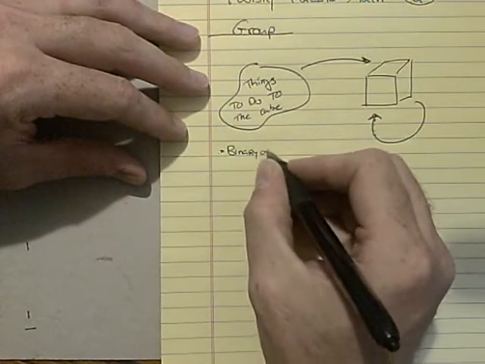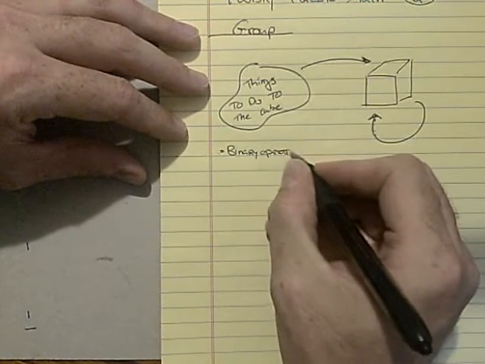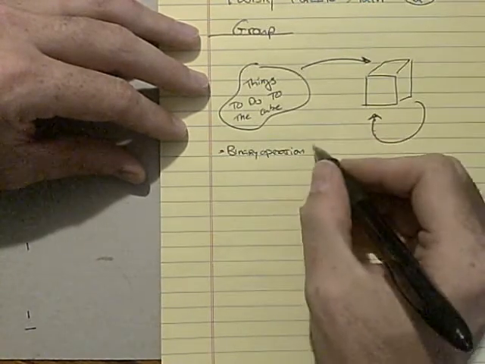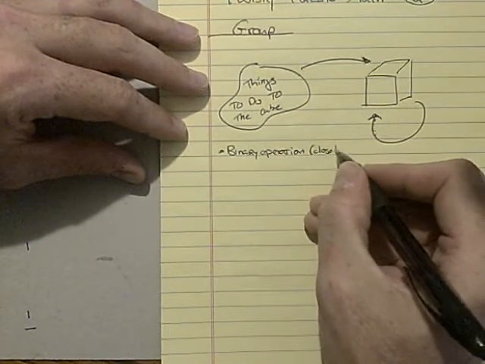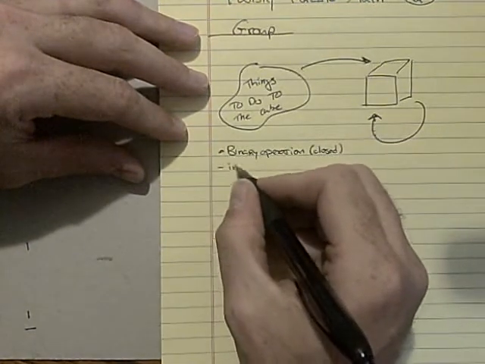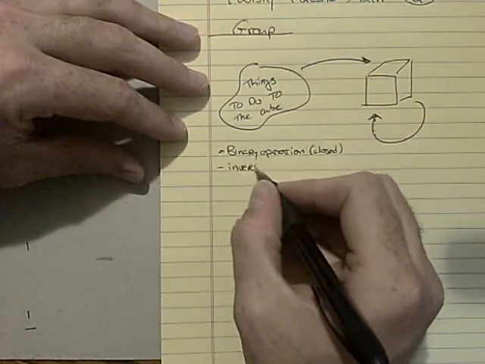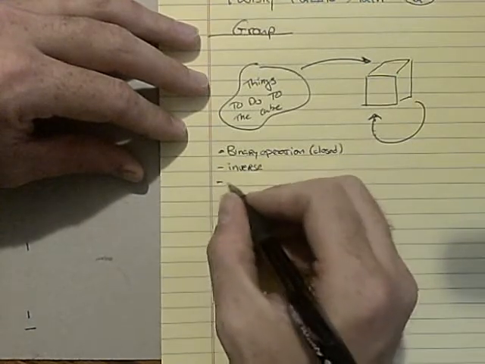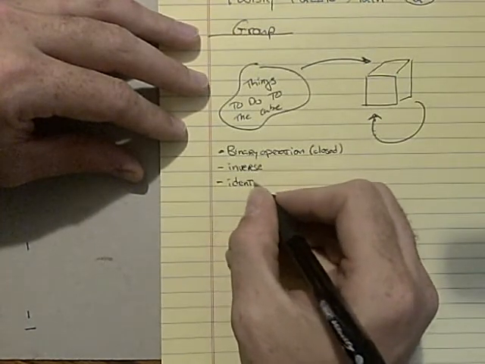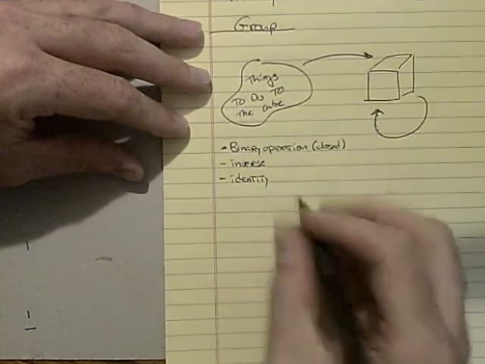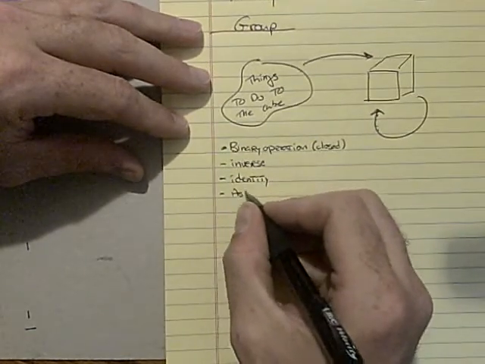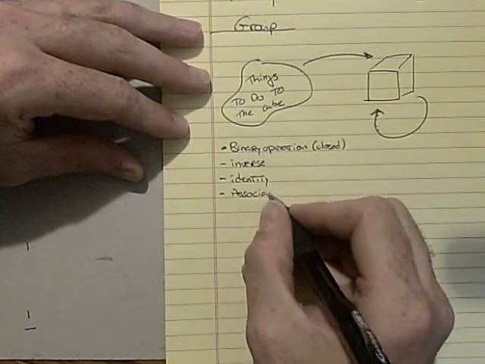I'll explain what these things are and demonstrate them in a moment. It's closed under the binary operation. Every element has an inverse with respect to the operation. There's an identity with respect to the operation. And the operation is associative.